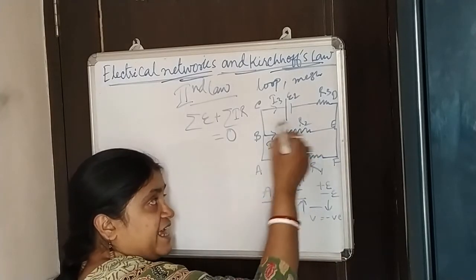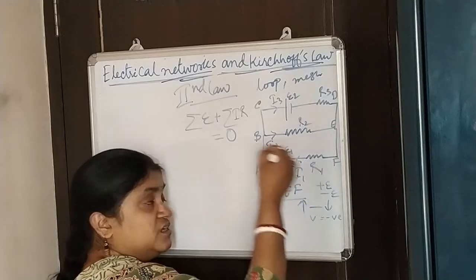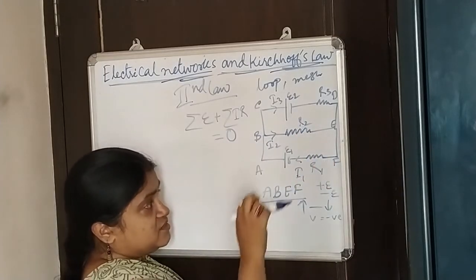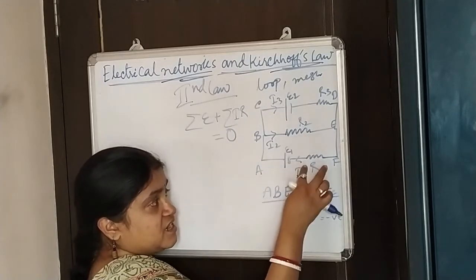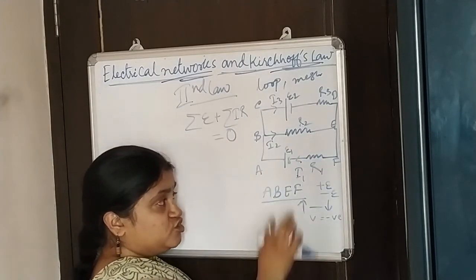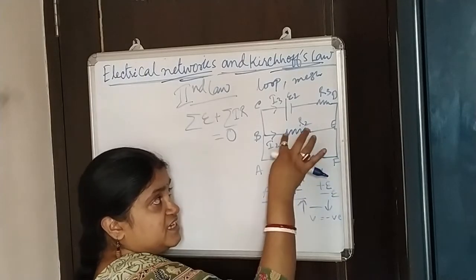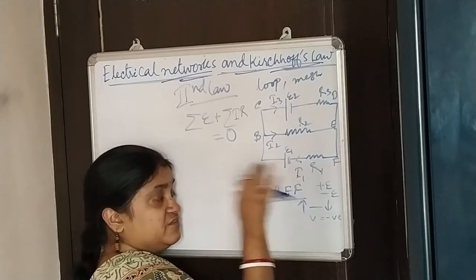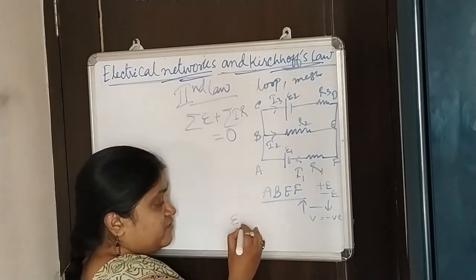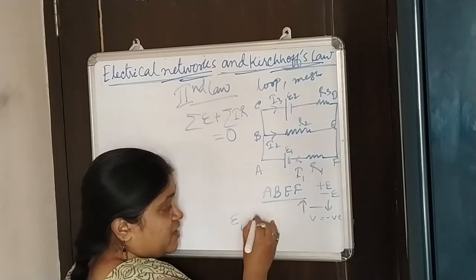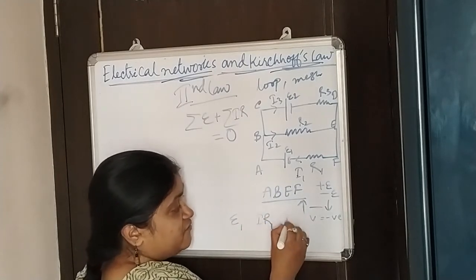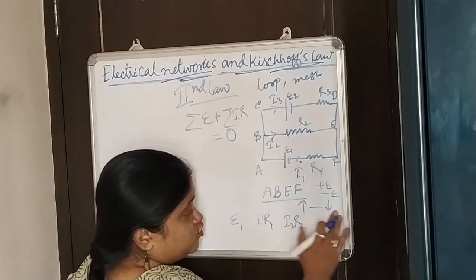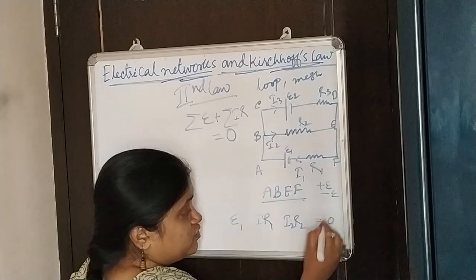So first let's calculate this particular loop, which is A, B, E, F. In this case we have two resistances R1 and R2, and the voltage drops are I1 R1 and I2 R2, and we have one EMF E1. The summation of all this should be equal to 0 according to Kirchhoff's law.